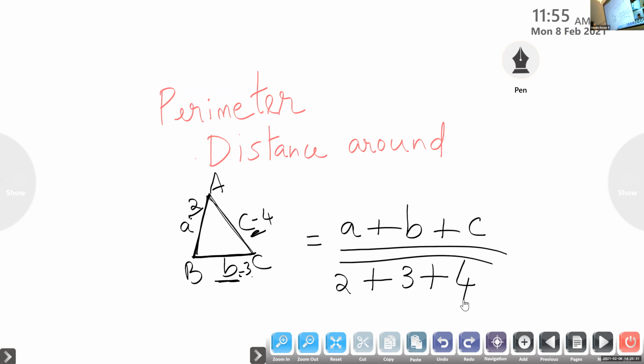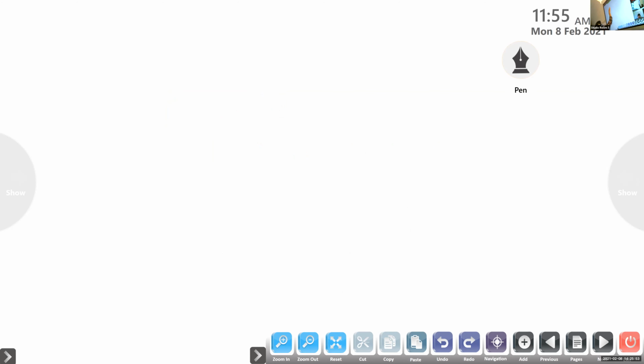Yes, we have to just add all the length. So that is perimeter. So perimeter means distance around the closed figure. So here if the length is given, it is very easy. We can just add all the length together. So next one, children, we are going to do with rectangle.